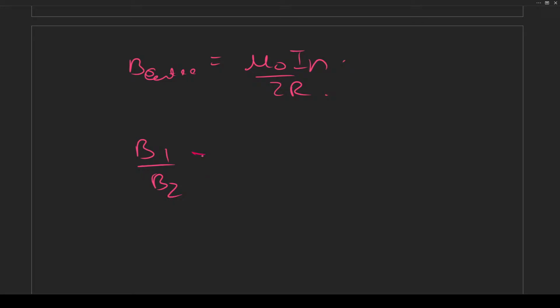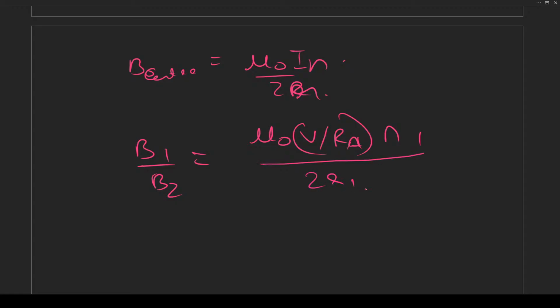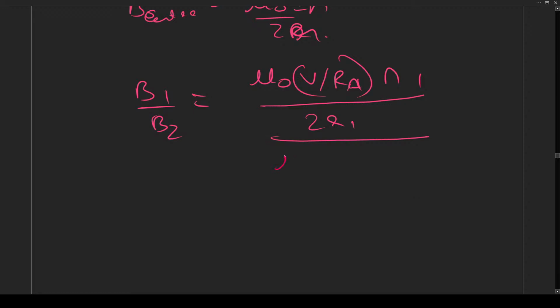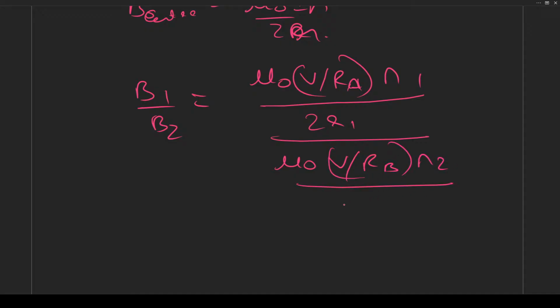So B1 by B2 is equal to mu naught times I, which is V by R_A, let's take it as small r, the resistance of A, times N1 by 2R1, by mu naught V by R_B times N2 by 2R2. Mu naught cancels, 2 cancels, V cancels.